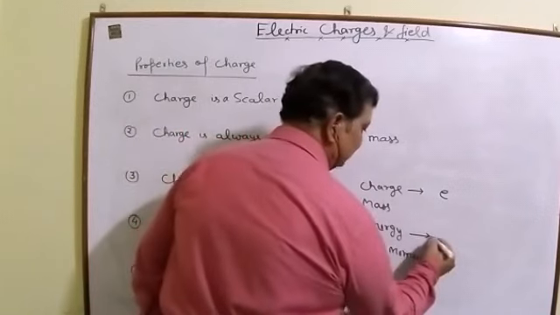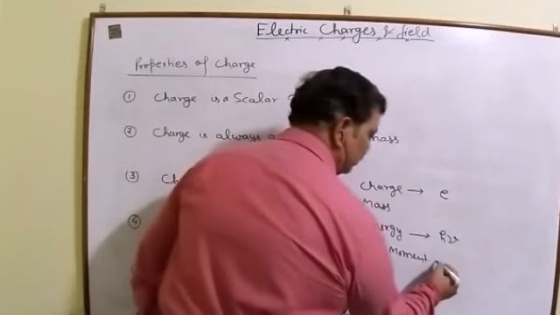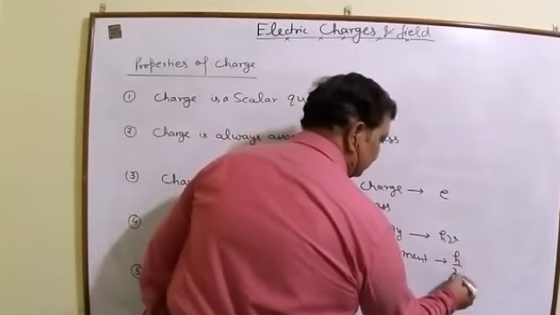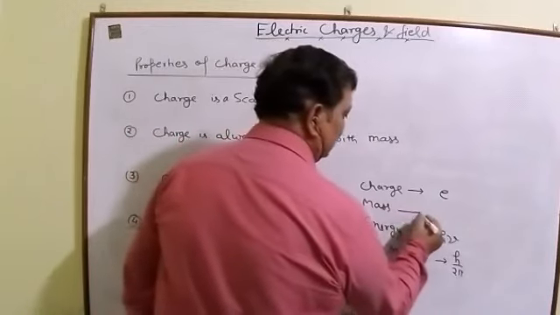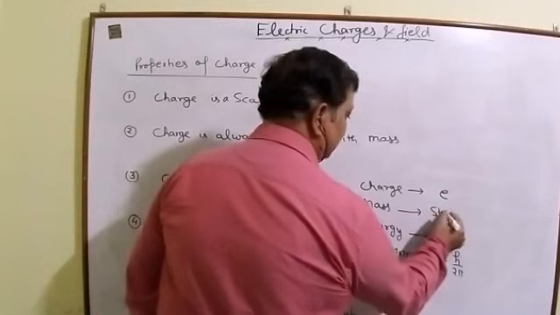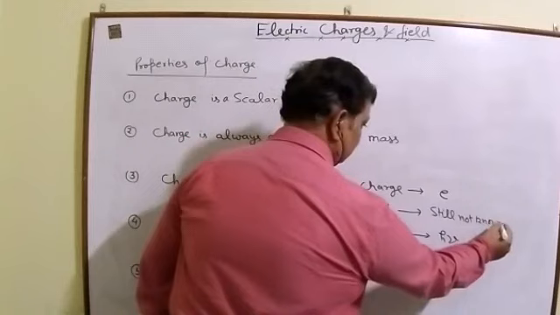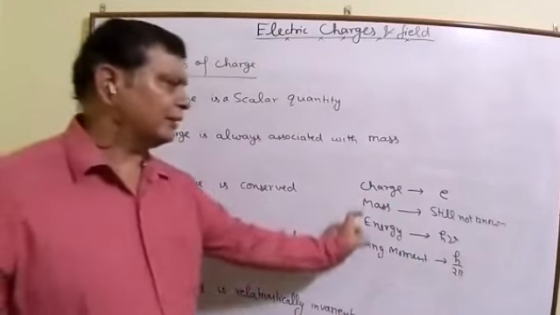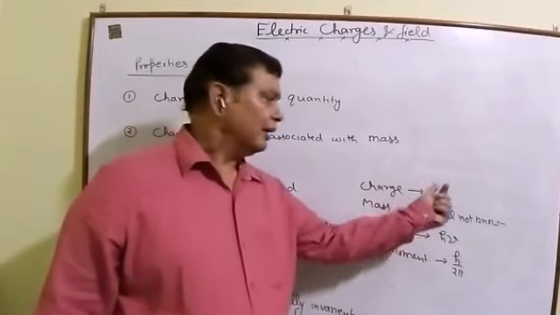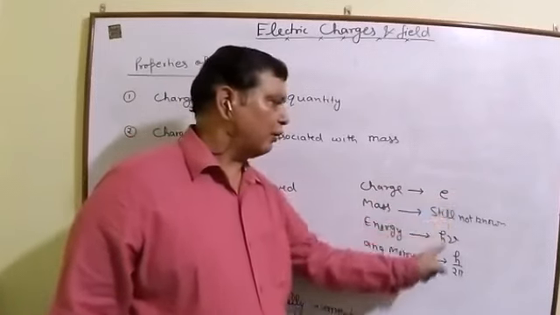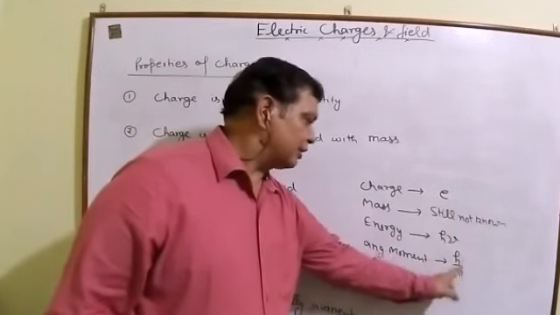Quantum of energy is h nu. Quantum of angular momentum is h upon 2 pi. And here I have to tell you that the quantum of mass is still not known. These quantities are quantized and these always exist in the integral multiples of E or h nu or respectively here h upon 2 pi.